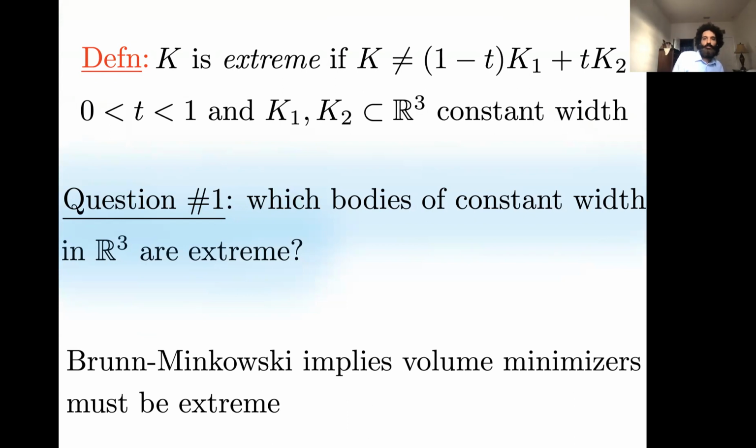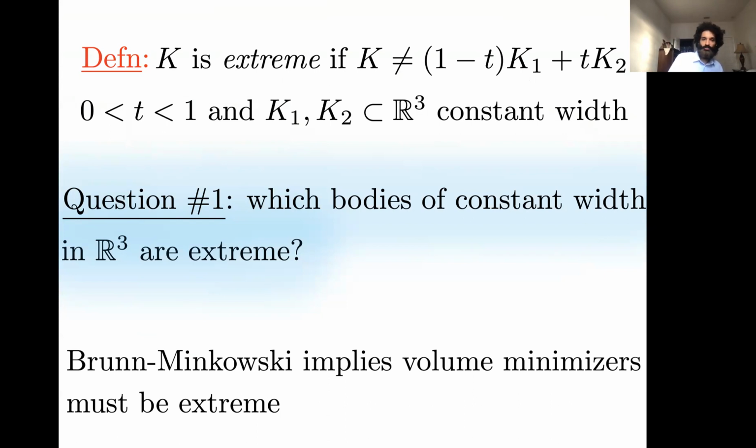Okay, so going back to our previous experience, we can talk about extreme sets. So K is extreme if it is not a non-trivial combination of constant width bodies. The question is, which bodies of constant width in R3 are extreme? I don't know the answer. Maybe it's known somewhere in the literature. I didn't see it.